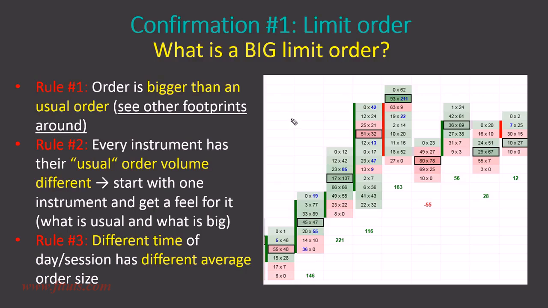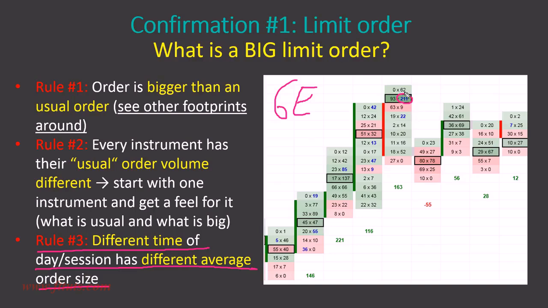Now, rule number three: different times of day or different sessions have different average order sizes. So for example, if this was the 6E, the Euro futures, in the European session at 8 AM in the morning, this would be a big number.